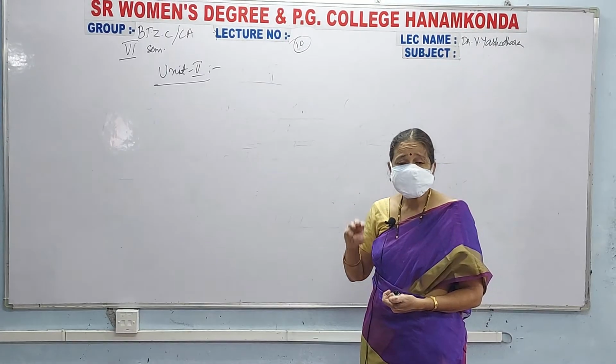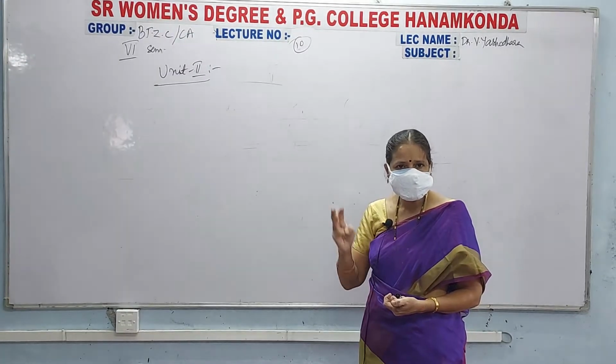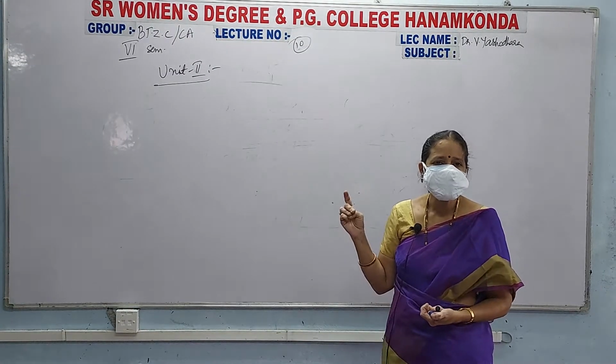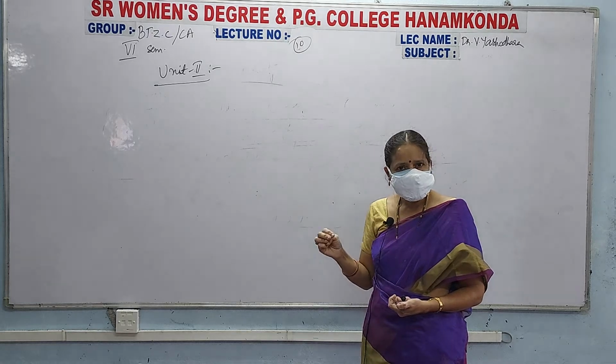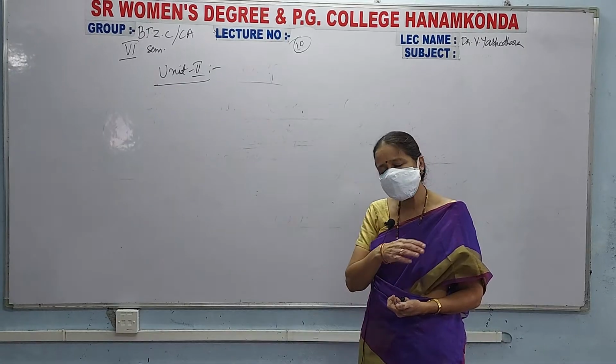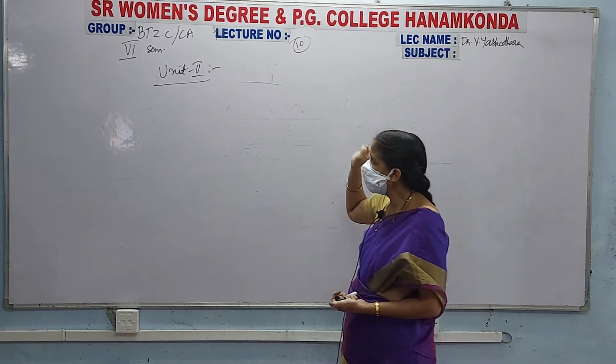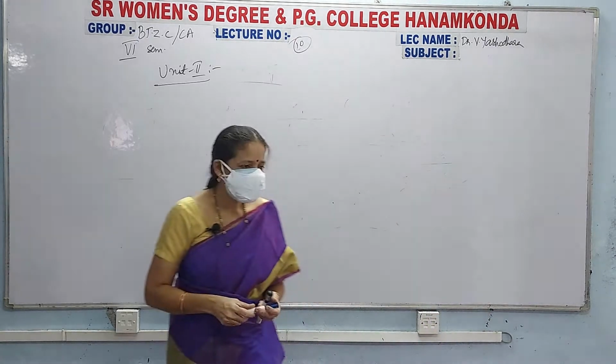Coming to unit 3, in that we are going for the production of citric acid, glutamic acid, aspartic acid, lactic acid, and antibiotics, penicillin, streptomycin. All these we are studying in unit 3. Now today we will start with unit 2.